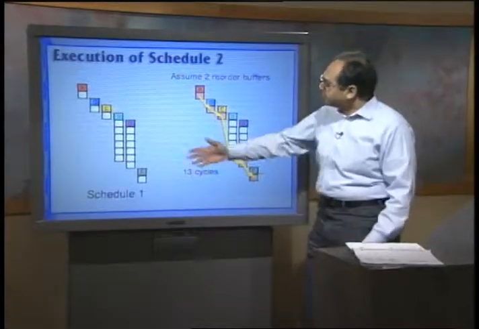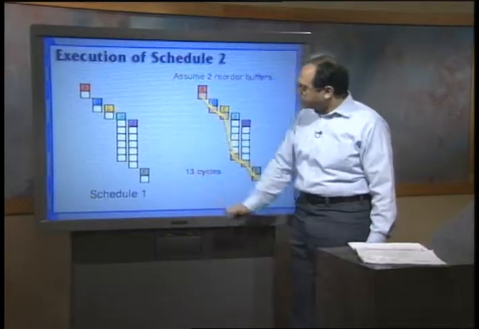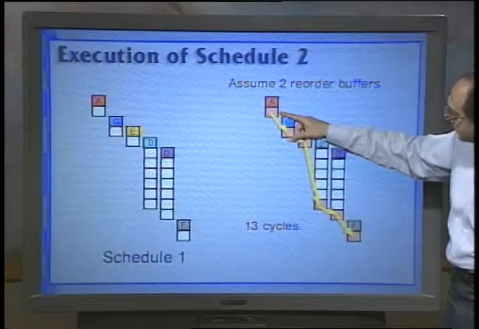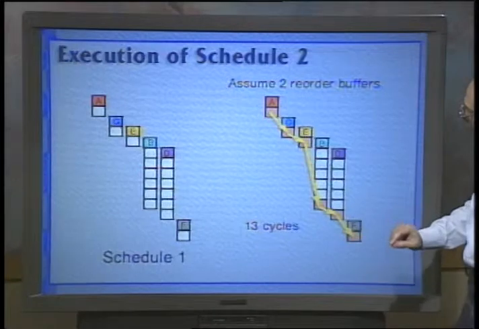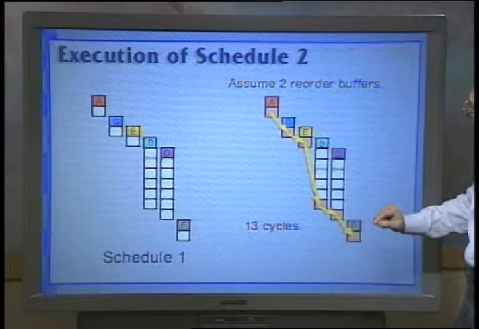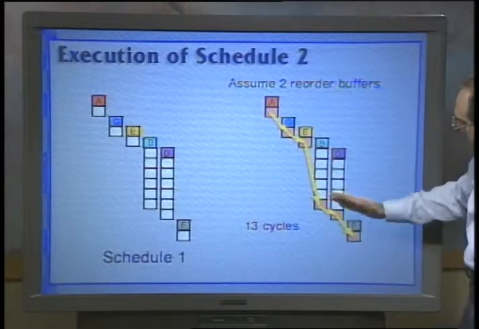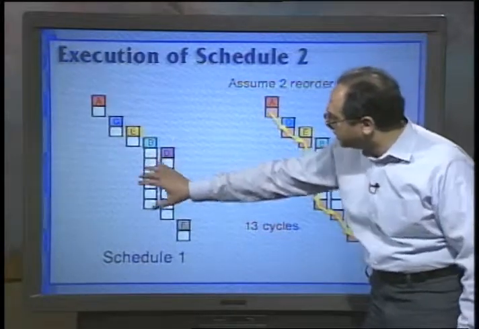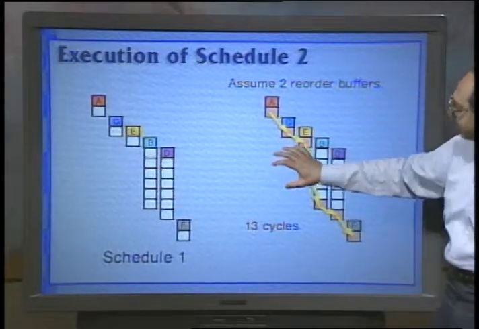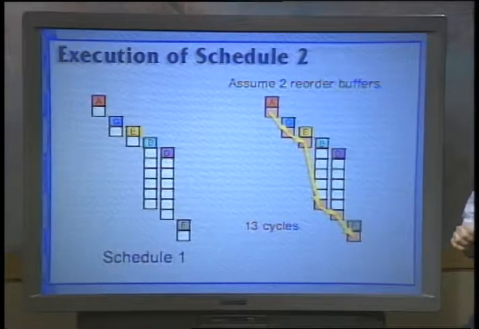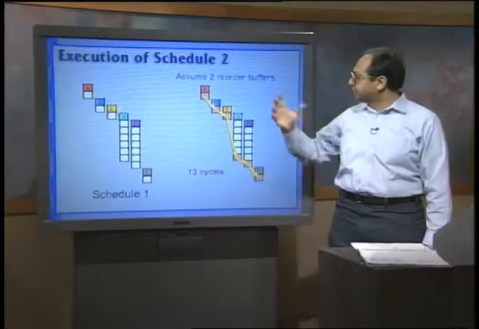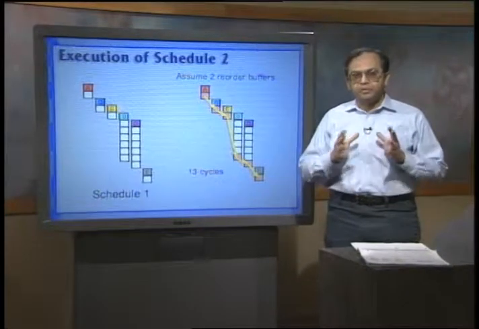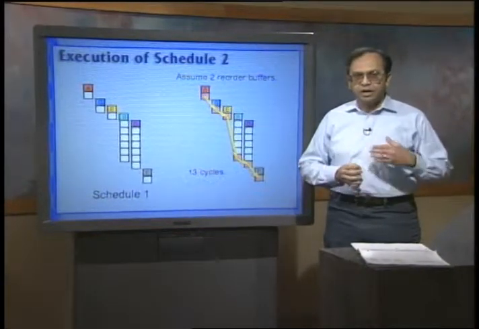Now, if we had been fortunate enough to have chosen the second schedule, then even though we have exactly the same constraints, that the operations finish in the same order, that they be retired in the same order, it would turn out that there'd be no impact on the schedule, because by the time each operation requires a reorder buffer, it has already been relinquished by the previous one. So clearly, because of this reorder buffer issue, there is a fair sensitivity to which schedule one chooses.